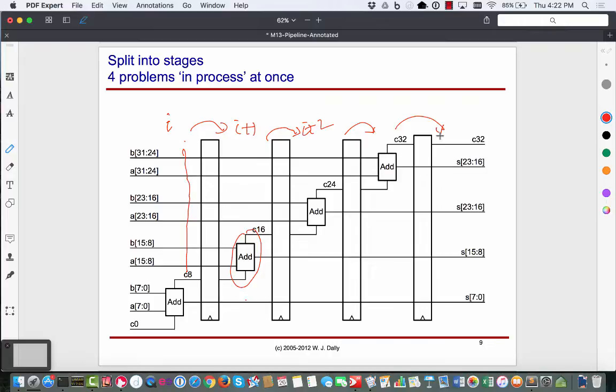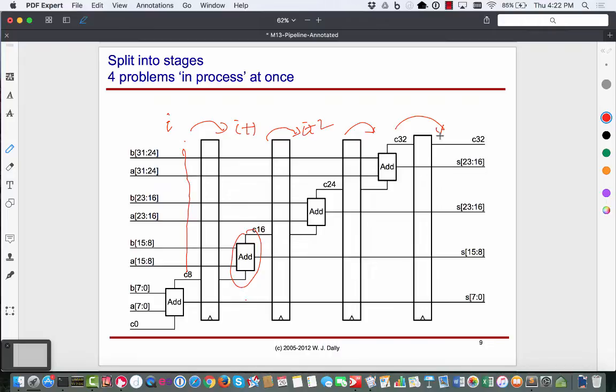Now I'm ignoring issues here, and we'll see shortly that these registers obviously are not ideal. They offer some additional delay, so we pay that. We are also adding registers, so that's costly. So I'm certainly paying for some additional hardware and some not quite linear speedup, so there will be some penalty for that. But it seems like a good deal overall, right? By inserting these registers, I'm improving the throughput of the system considerably.